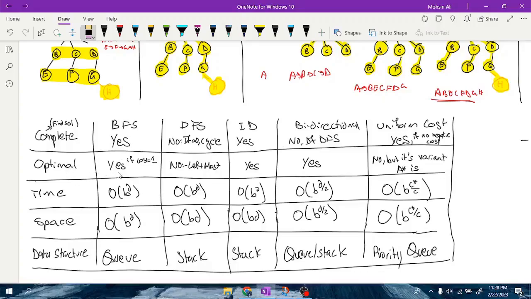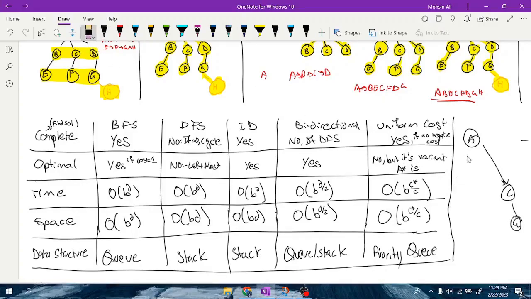Is BFS optimal? Yes, it is always optimal, because if the cost is 1, then it is optimal. DFS is not optimal unless your goal is towards the leftmost or the rightmost side, then it would be optimal.